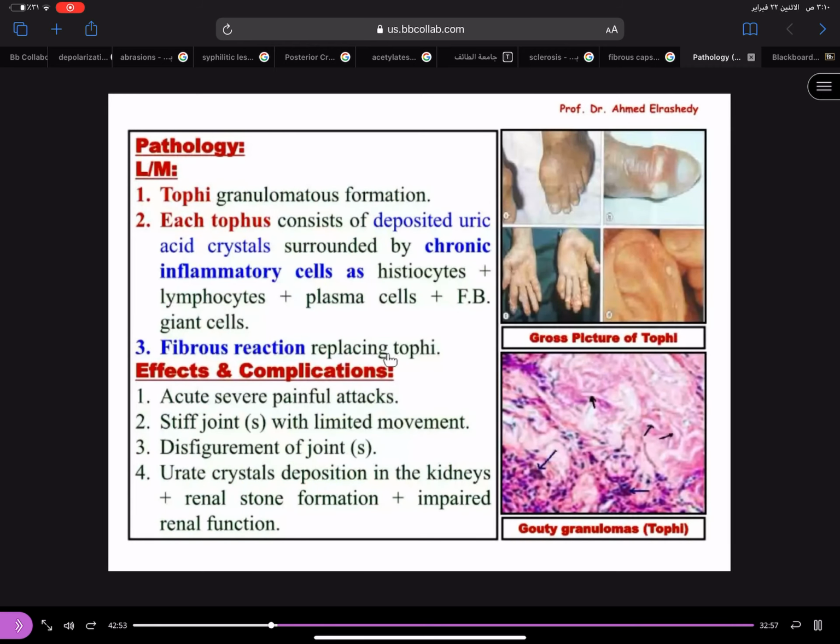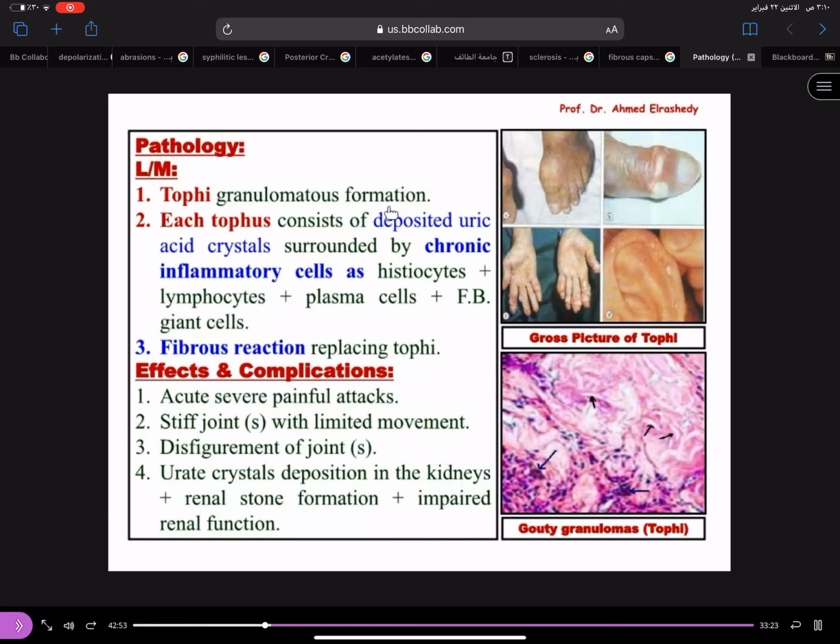Okay, coming to the light microscopy, what you see under the microscope. Gross is with your eyes, but obviously you cannot see the crystals with your eyes. You can only see the swollen joint and the red joint. But what you can see under the microscope is tophi with granulomatous formation.